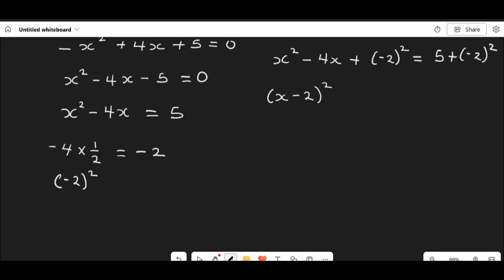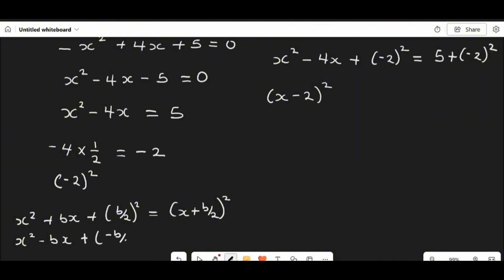I want you to take note of this perfect square. x square plus bx plus b over 2 square is equal to x plus b over 2 square, and also x square minus bx plus minus b over 2 square equal to x minus b over 2 square.